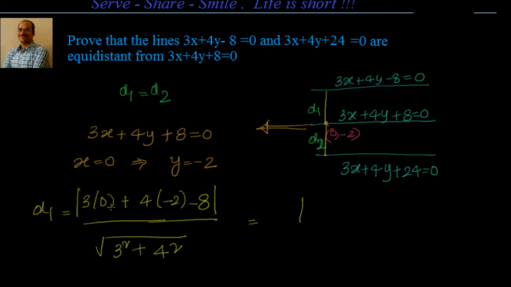That's equal to 0 minus 8 minus 8, so it becomes mod of minus 16, divided by square root of 9 plus 16, that's equal to 16 divided by 5.